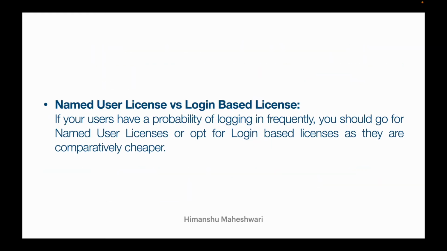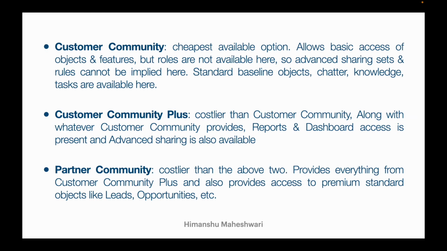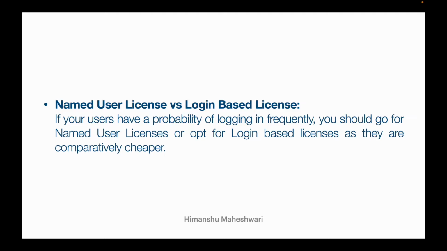Coming to a different way of looking at licenses, like we already saw, right? We have customer licenses, which are a cheaper option, and then you have partner community, which is a costlier option. Now there are different variations on these licenses also. So you have something that's called named user licenses and login based licenses. Now for example, your partner logs in once every month and does not log in at all.